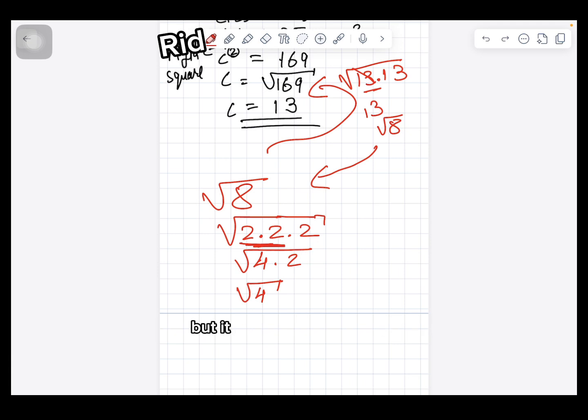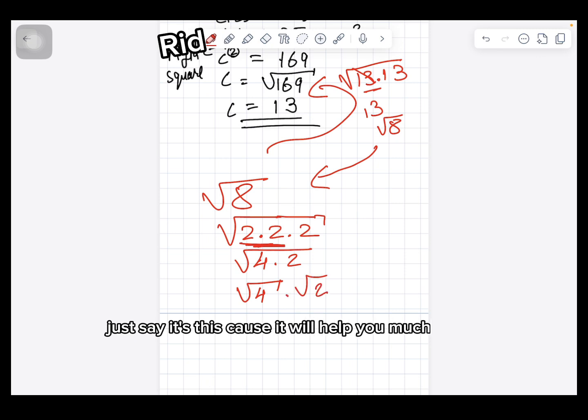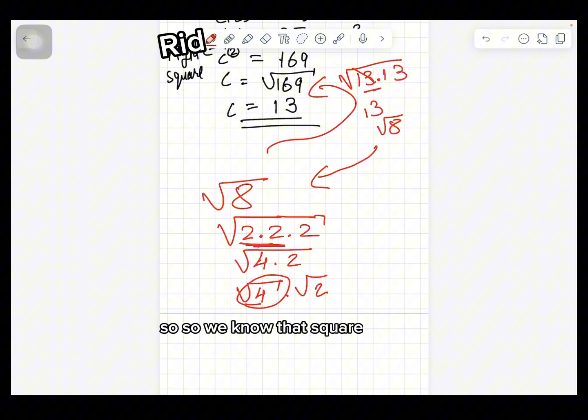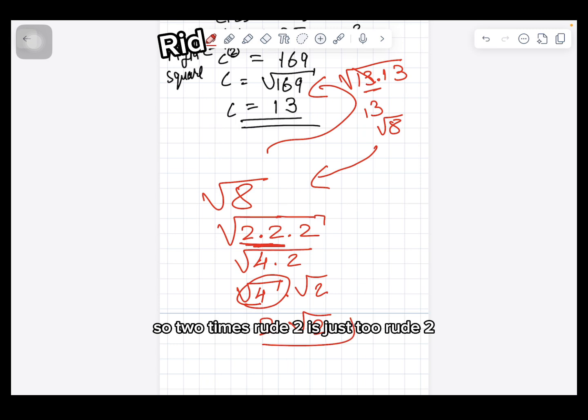It basically reads like this. Just say it's this, because it will help you much better. So we know the square root of 4 is 2, so 2 times root 2 is just 2 root 2. That's it. That's how you find anything.